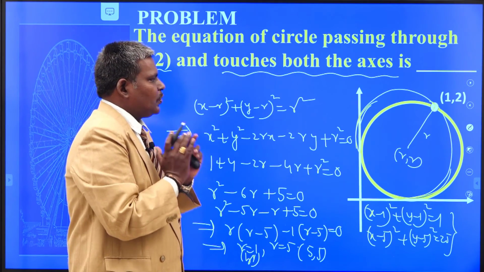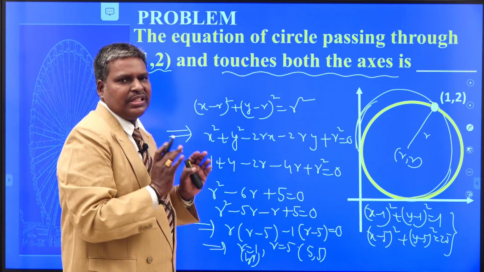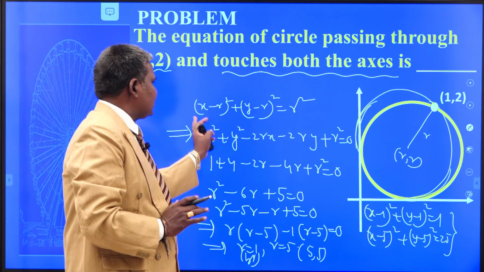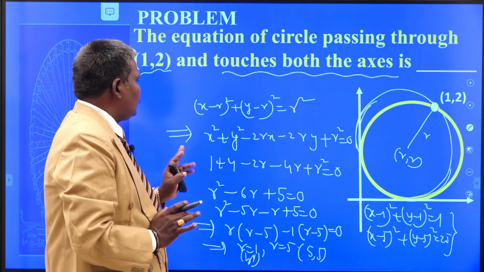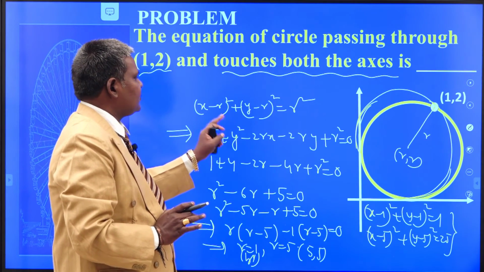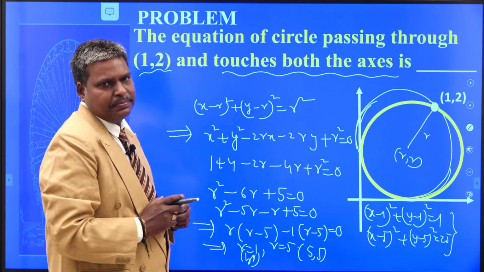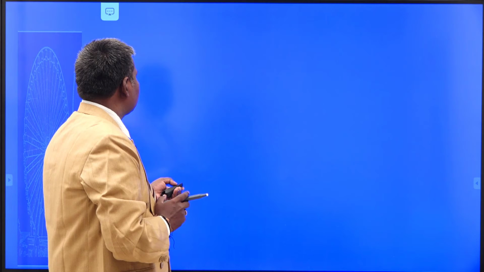That is why your circle must and should be in the first quadrant. Your center is also in the first quadrant. That is the first thing. After getting this logic, you can do all these things immediately. So how to form the equation of circle is the major concept behind this problem. Okay. Now let us see the next one.